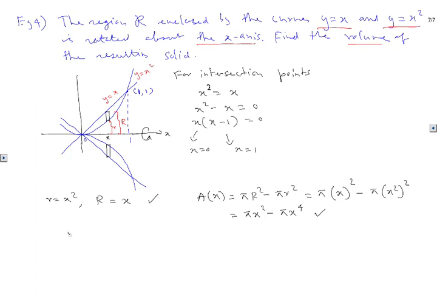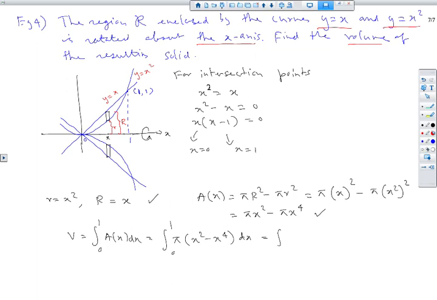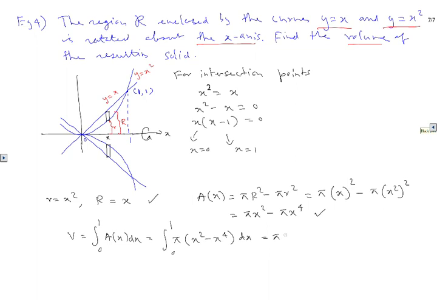So the volume V is the integral with limits going from 0 to 1 of A of x dx. If you take pi out, you get x squared minus x to the 4th dx. Where is it integrate? So the integral is pi times x cubed over 3 minus x to the 5th over 5, and then the limits are 1 and 0.